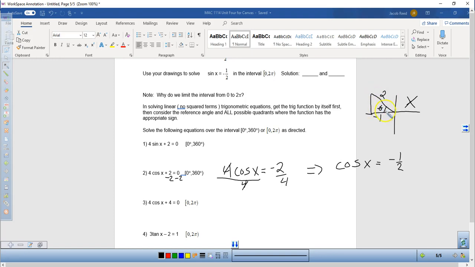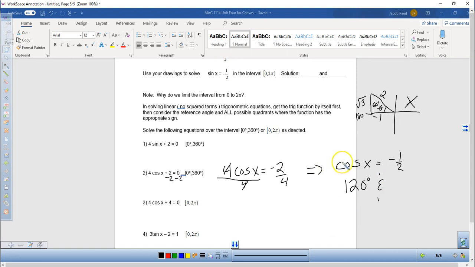Well, what angle would allow this picture to happen? Here's our root 3 right there. Always across from square root of 3 is 60 degrees. Well, if this is 60 degrees, but we're talking about second quadrant, we've got 180, subtract out the 60, so I know that the first one has to be 120 degrees.